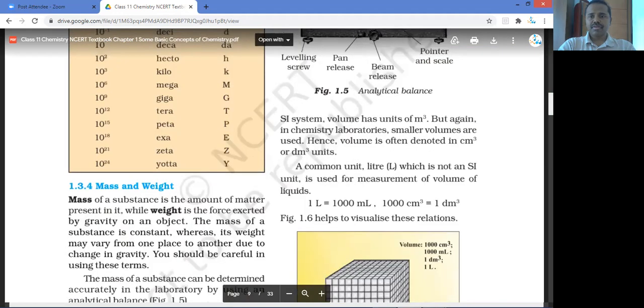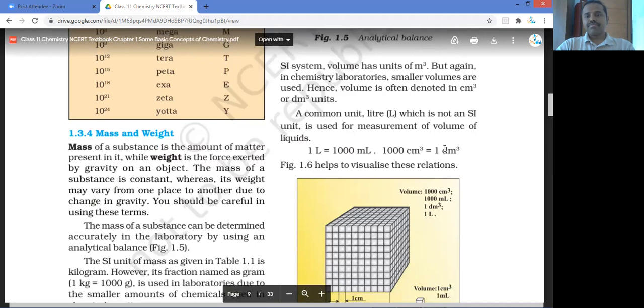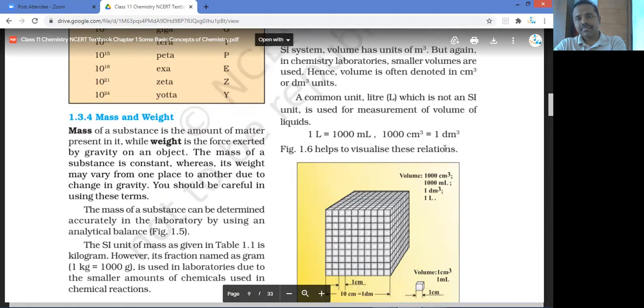Smaller volumes are used. 1 liter is 1000 milliliter, and 1000 centimeter cube is equal to 1 dm3. What is dm3? Deci, yeah. So you just got to memorize this. I think you may already know, but if not, just remember 1 liter is 1,000 milliliter.